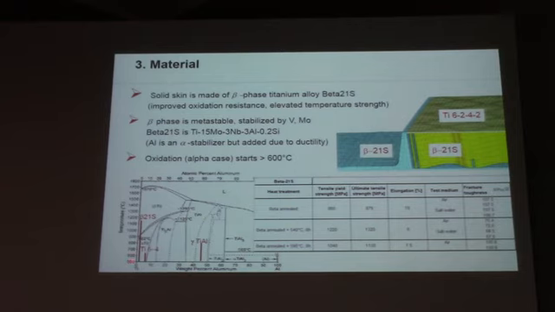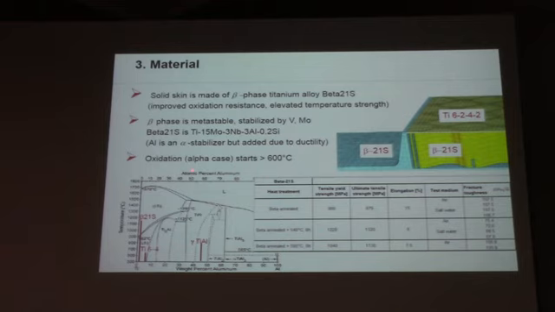Actually, it's not stable at the room temperature unless it is stabilized by some alloying elements like vanadium, molybdenum, and not aluminum. It has a counter effect, but it is added to increase ductility. So the point is that operating temperature is relatively high, that there is some oxidation which produces also some damage.